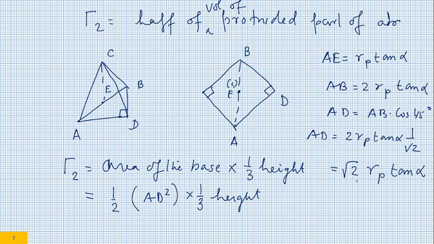What is your AD? AD is this. So AD square is 2 RP square tan square alpha. So this becomes half into 2 RP square tan square alpha into 1/3. And what is the height? Height is nothing but C is equal to RP.